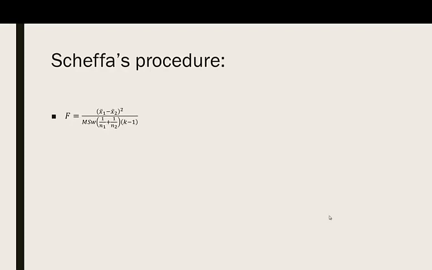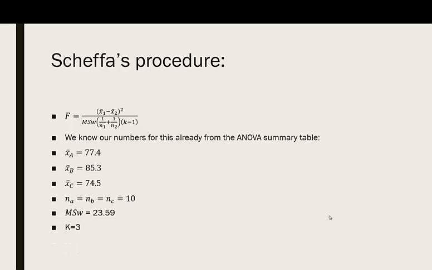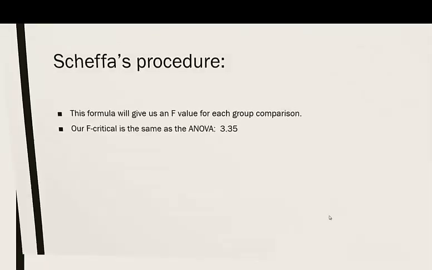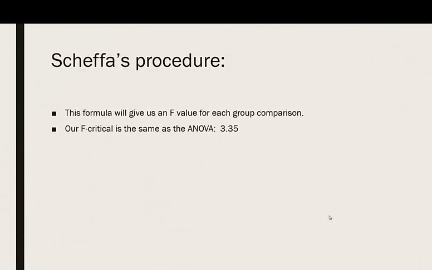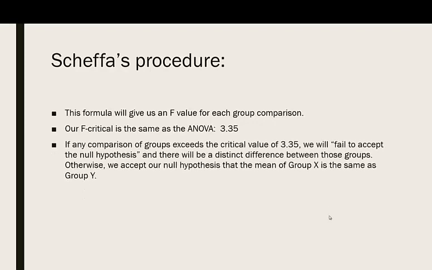We're not going to go through and do all of these data. We know all of our numbers from these data. We can look at our summary table and get them. We do have an F critical already. We use the same as for our ANOVA, 3.35. And so you would just plug those data into that formula and then use your F critical from your ANOVA and see what they are.